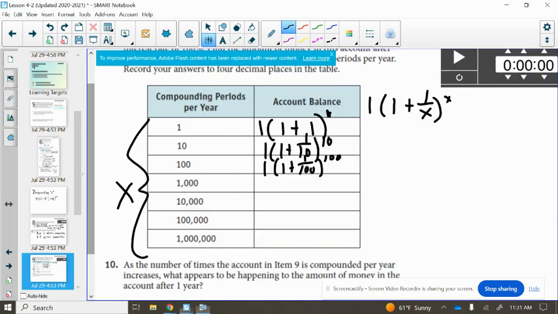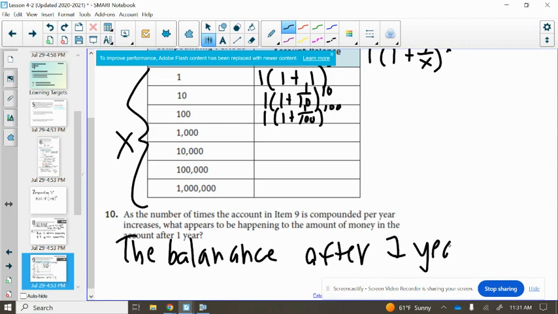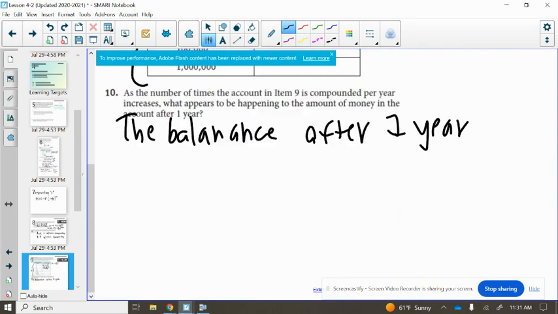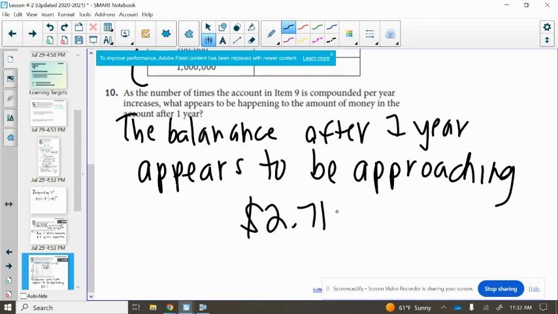So the balance after a year appears to be approaching $2.71, right? Or even more if we look at that.